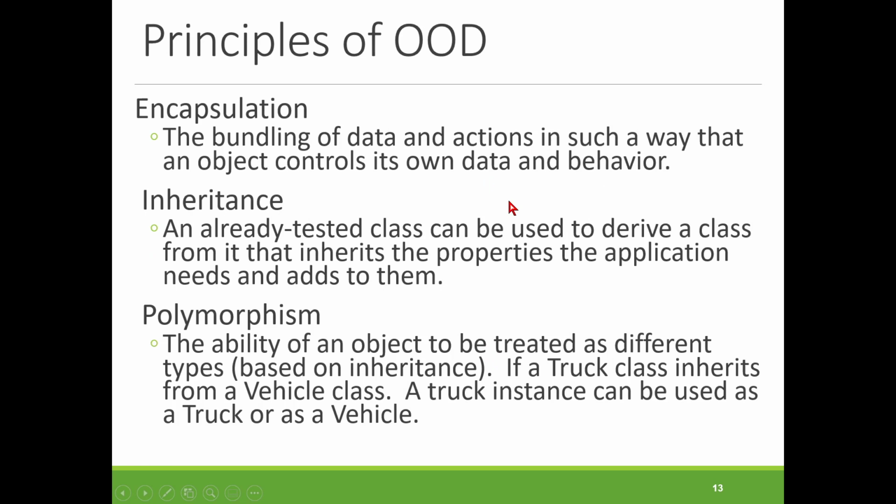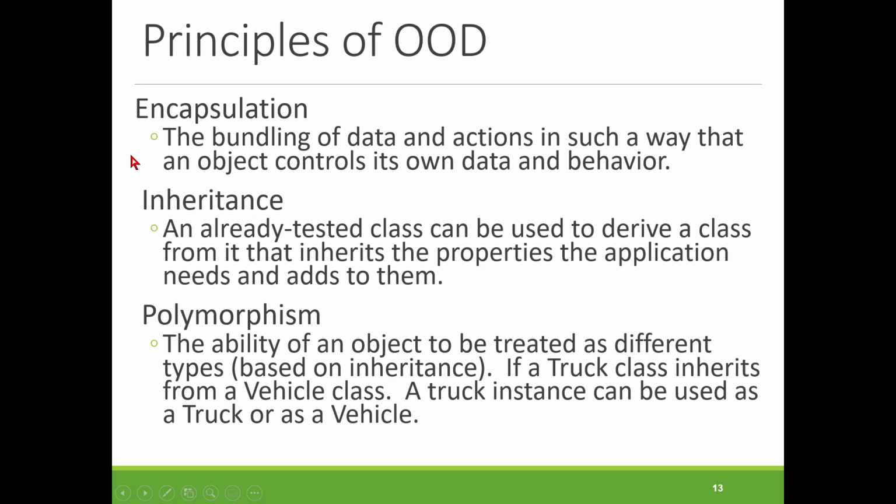So principles of object-oriented design. Encapsulation. This is the bundling of data and actions in such a way that an object controls its own data and behavior. And this is the reason why objects will have the information, but then they'll also have getters to allow that information to be retrieved.